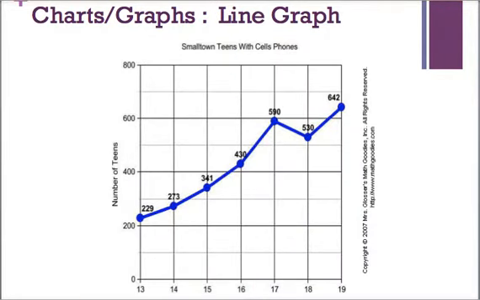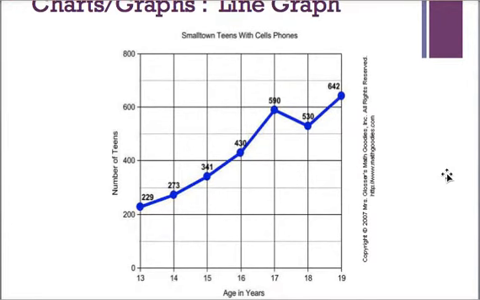Line graph is next. In this line graph, the title of the graph is Small Town Teens with Cell Phones. So they're comparing the number of teens to their age in years. You can see that 13-year-old teenagers have the fewest number of cell phones.